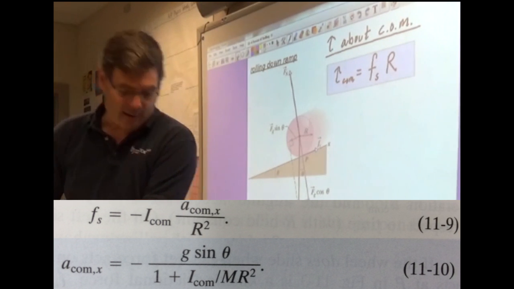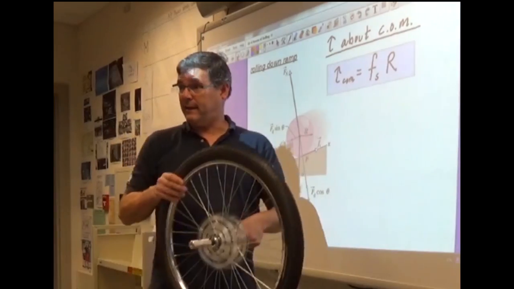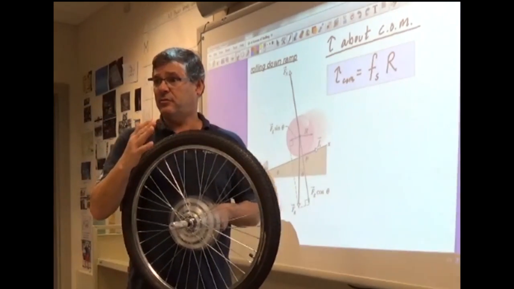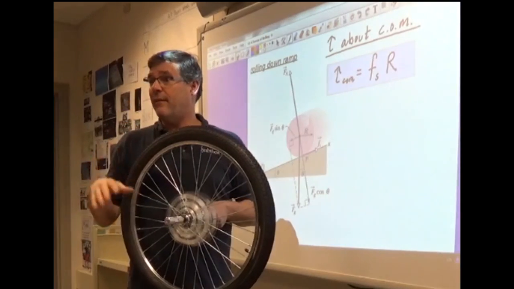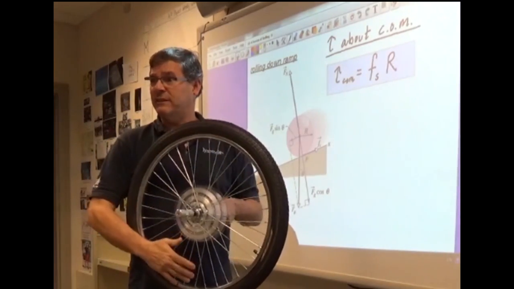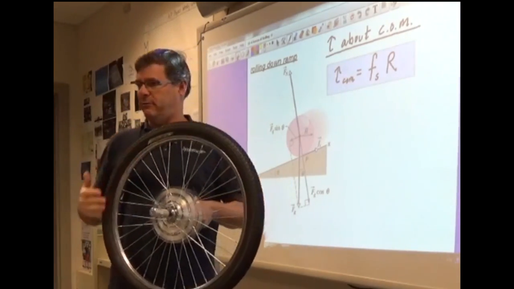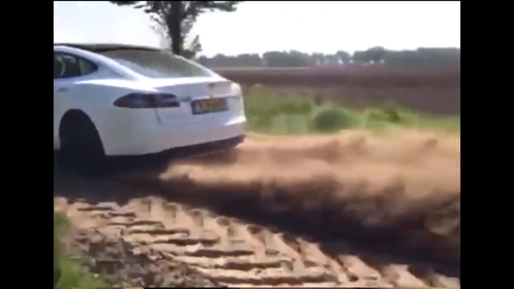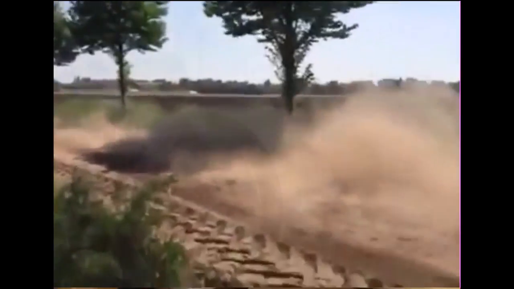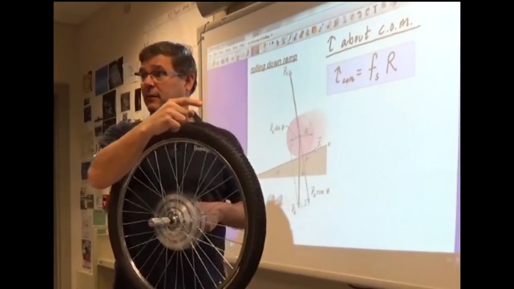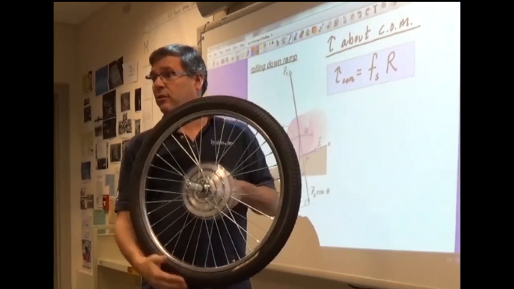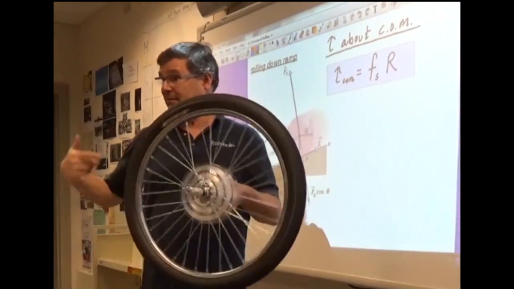When you get on your bike and you pedal really hard from rest, have you ever done it on a gravel driveway? So hard that you actually, it's called peeling out. You know what peeling out is? It's when you pedal so hard that the frictional force cannot accelerate your bike fast enough, and you exceed the maximum static frictional force, and the wheel starts to slide.